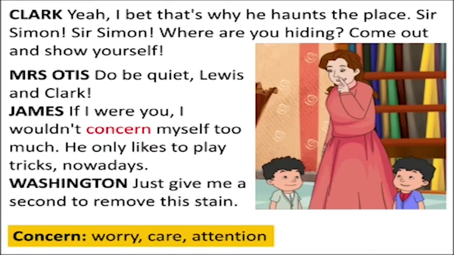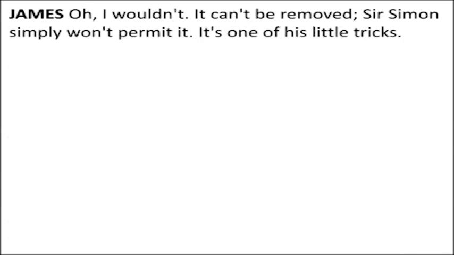Washington says, "Just give me a second to remove the stain." Now Washington is telling the others to give him a moment, a second. He is removing that stain, that mark of the blood, from the rug on the floor. James further says, "Oh, I wouldn't."